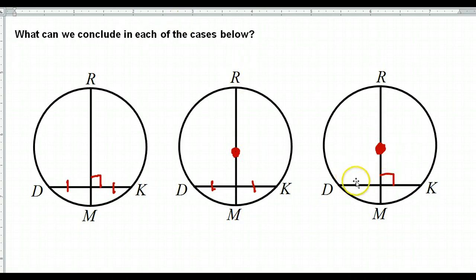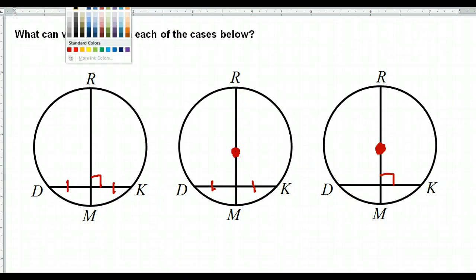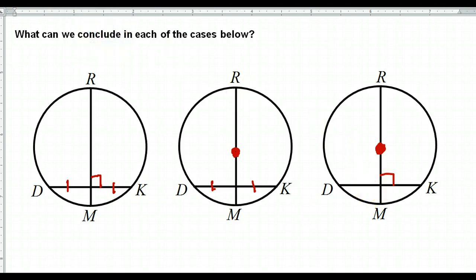So I really need a third letter in there. Let me call this point B here at the center. So we can conclude that DB is equal to BK because it must be a bisector.